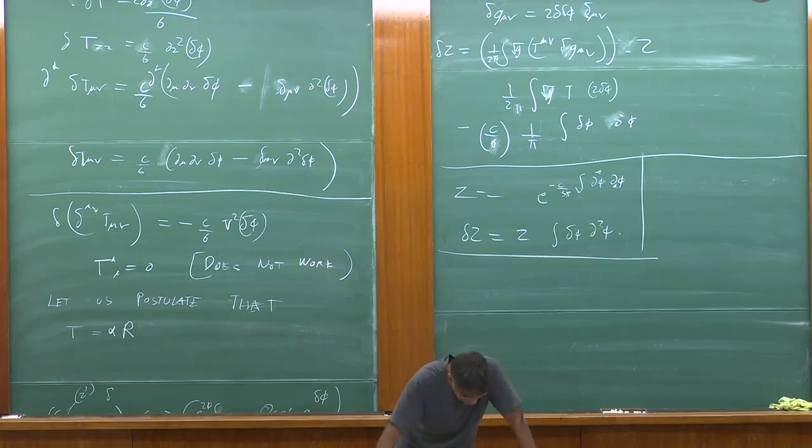Where has this 3 gone? Just a minute. He gets a by 8 pi, and a1 was c by 2 or something like that, right?